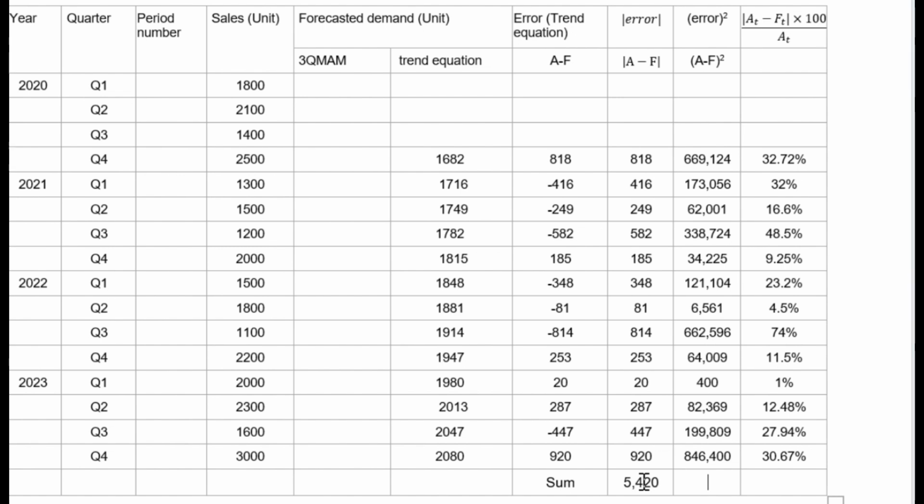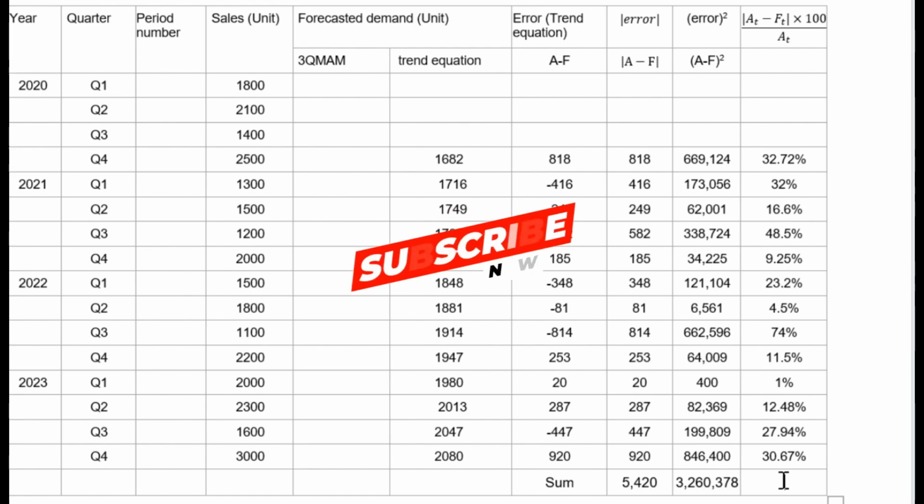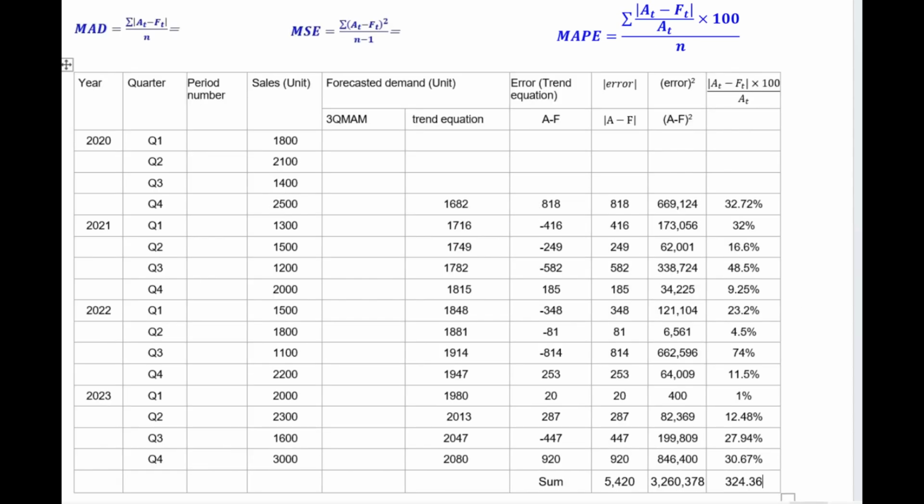The summation of the square of the error is 3,260,378, while the summation of the percentage is 324.36. Now we are ready to use these values to calculate the three measures of the forecasting accuracy for the trend equation.